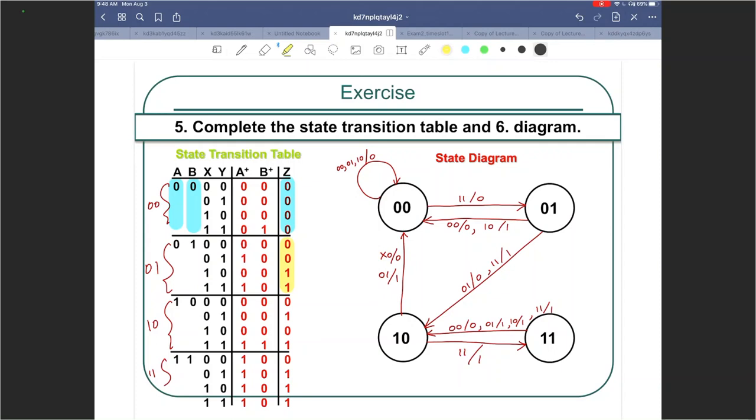Hold on, no. 0 1 0 1. No. Okay, so now I can't do that. All right, so that's your state diagram.